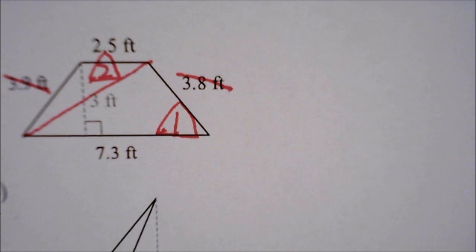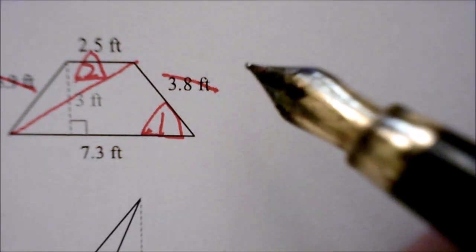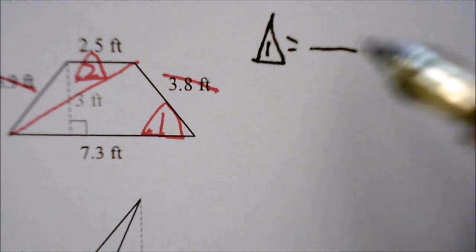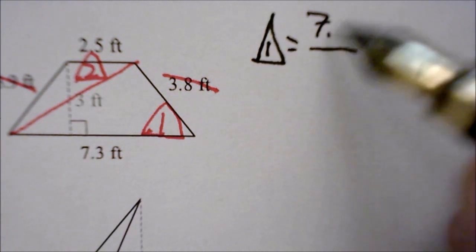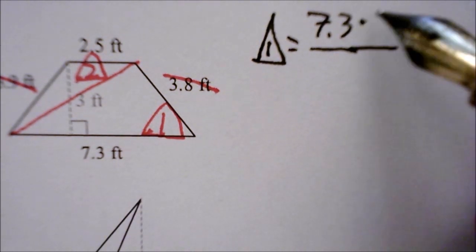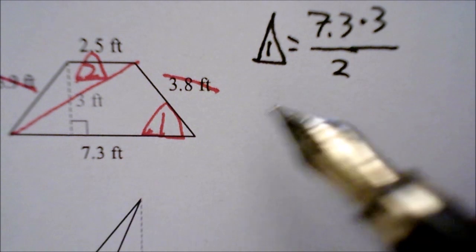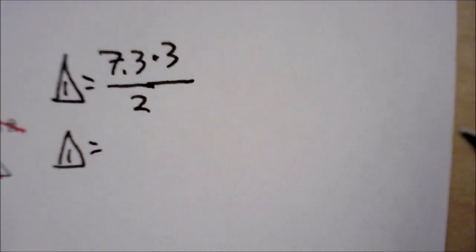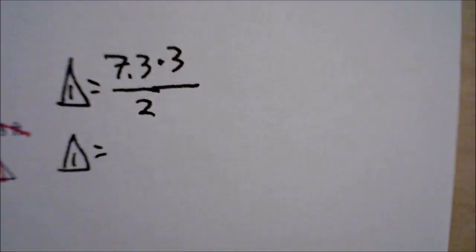Off to the side, we're going to go ahead and find the area of triangle 1. Triangle 1 has a base of 7.3 feet and it has a height of 3 feet. Triangle 2 is a little bit different.